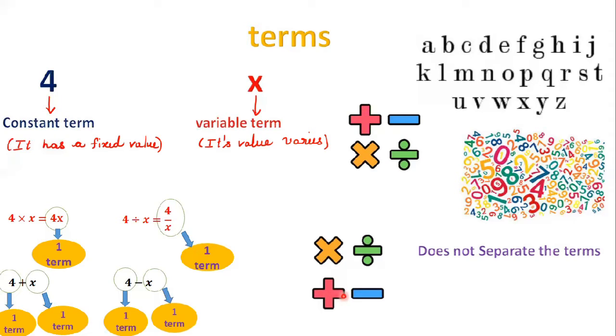Addition and subtraction separate the terms. See in the third and fourth case, in 4 plus x there are 2 terms, and in 4 minus x there are 2 terms. So multiplication and division do not separate the terms. Addition and subtraction separate the terms.